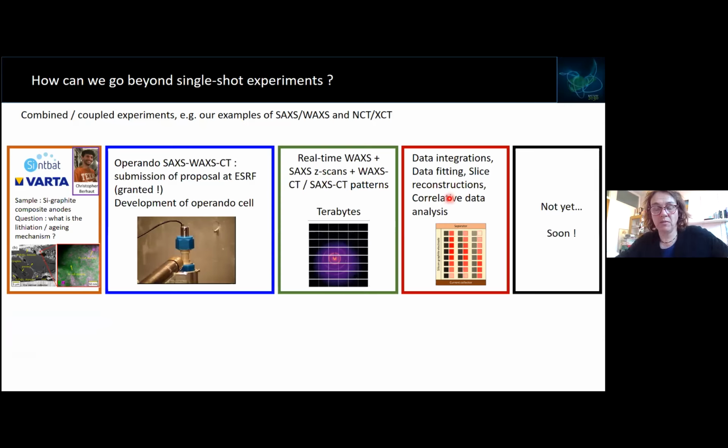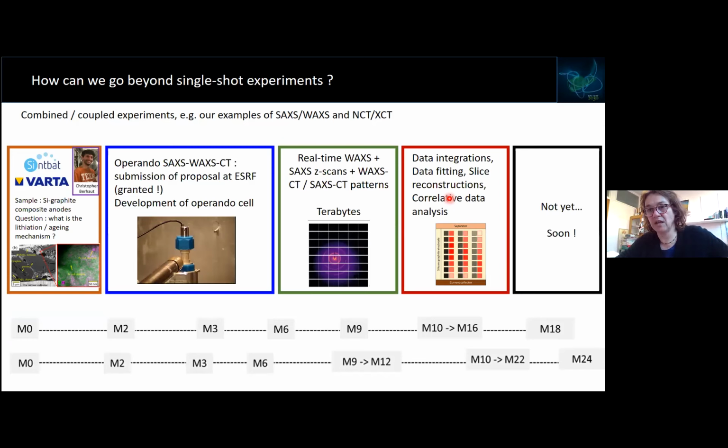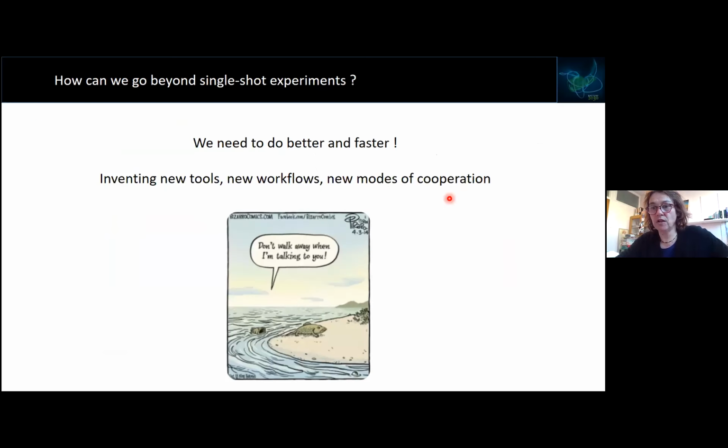So the timeline of the single shot experiment was 18 months. And if you want to have coupled or combined experiments, it may extend even further than 2 years. So basically, it is too long. We should do better. We should do faster. And this requires inventing new tools, new workflows, new modes of cooperation, and somehow thinking out of the box.